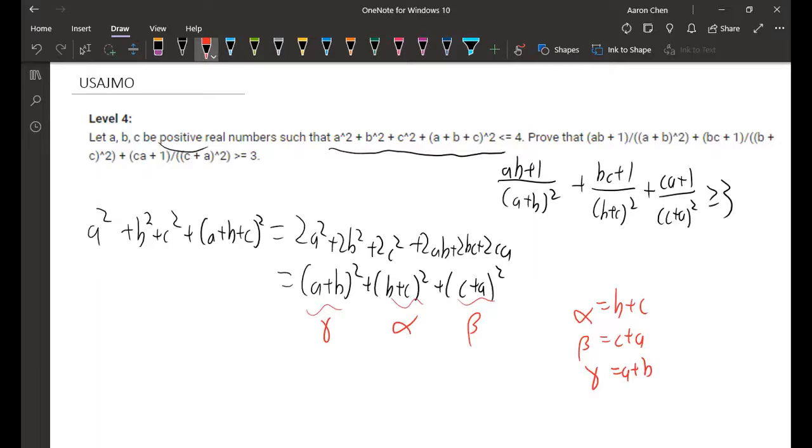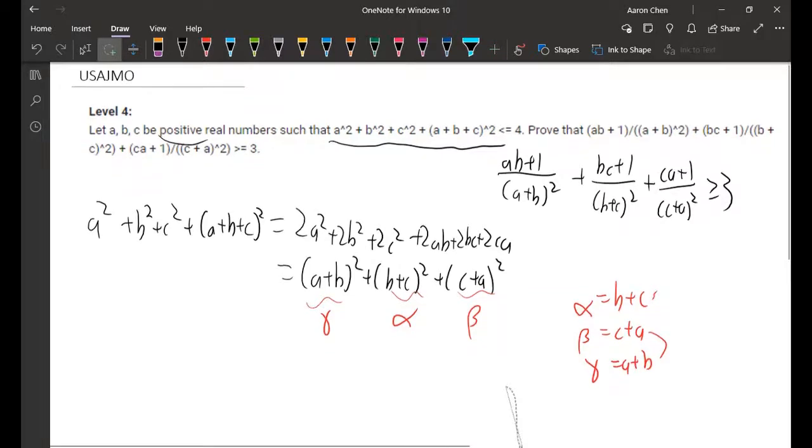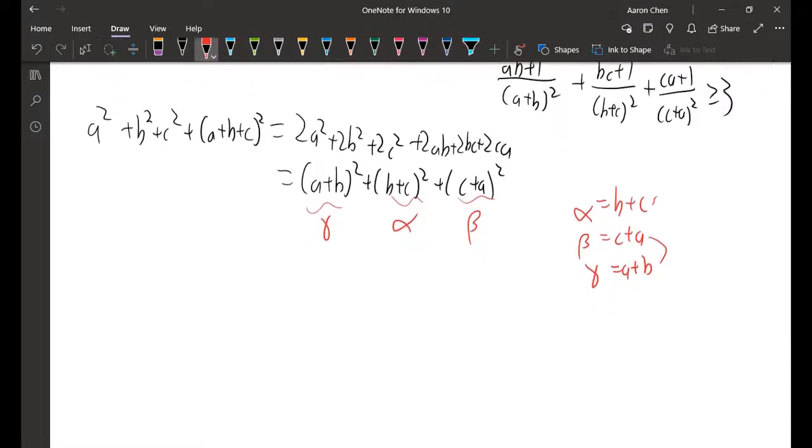So if we want to calculate a in terms of alpha, beta, and gamma, what we have to do is add b plus c, which gives 2a plus b plus c, and then we subtract out a and divide by 2. So then we have that a is equal to (beta plus gamma minus alpha) divided by 2.